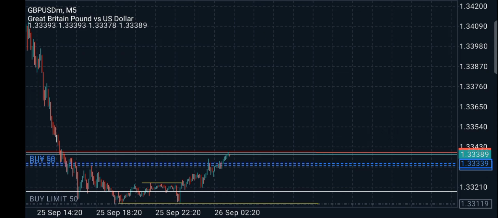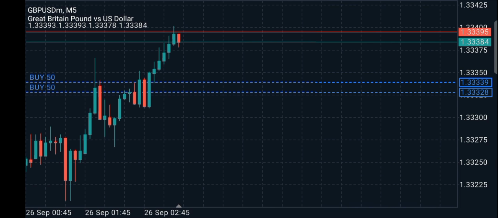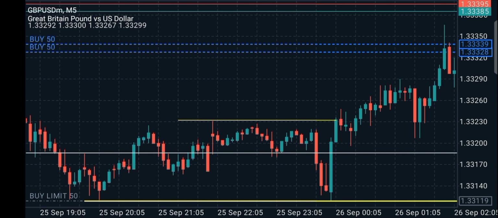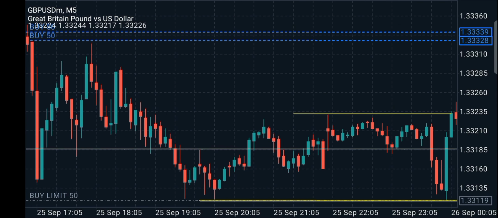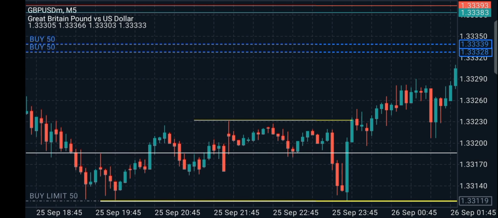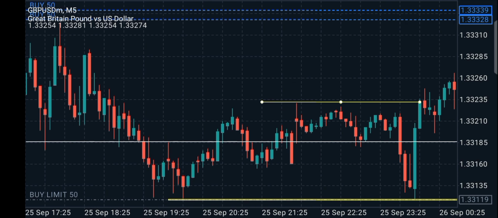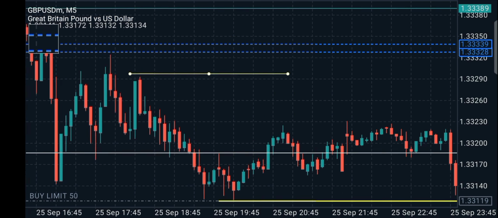So here on 5 minutes, this is the last high that formed the lowest point of the market, which we broke. That means we've changed direction already on the lower time frame.